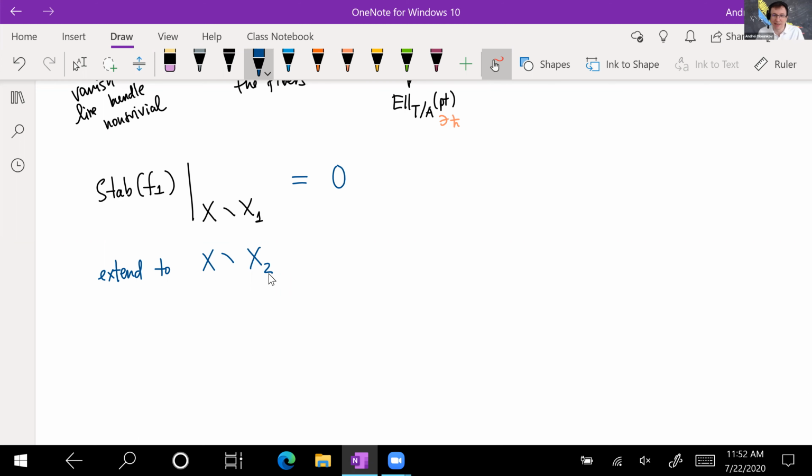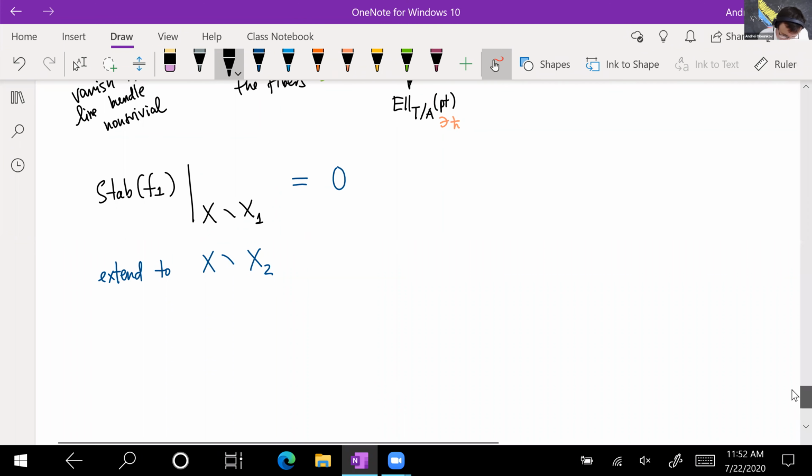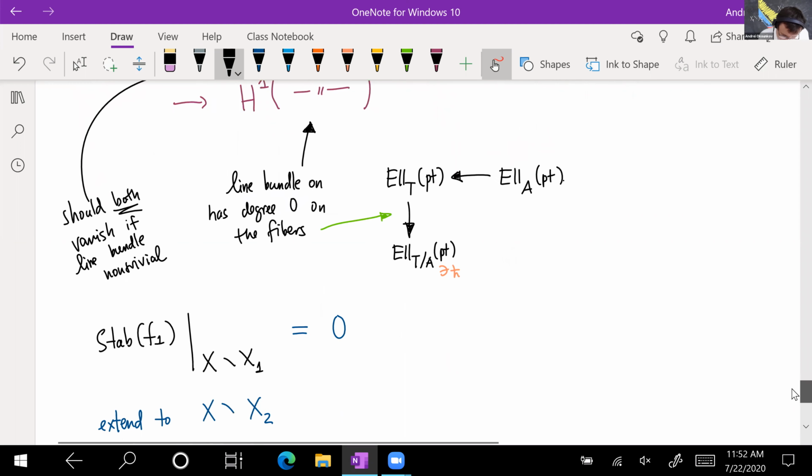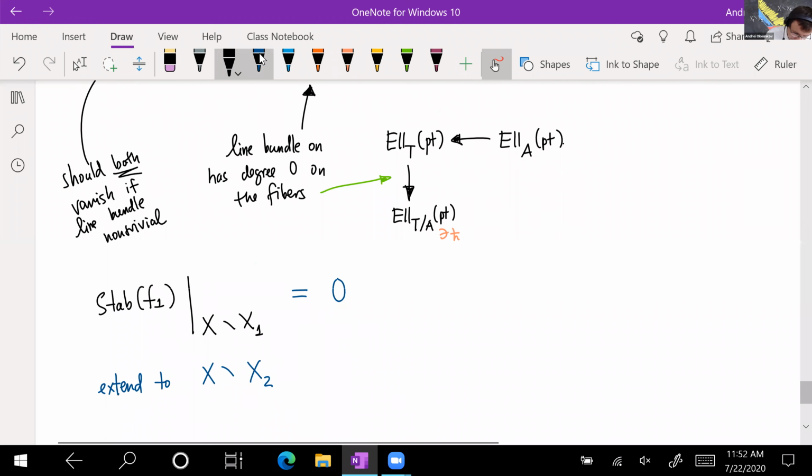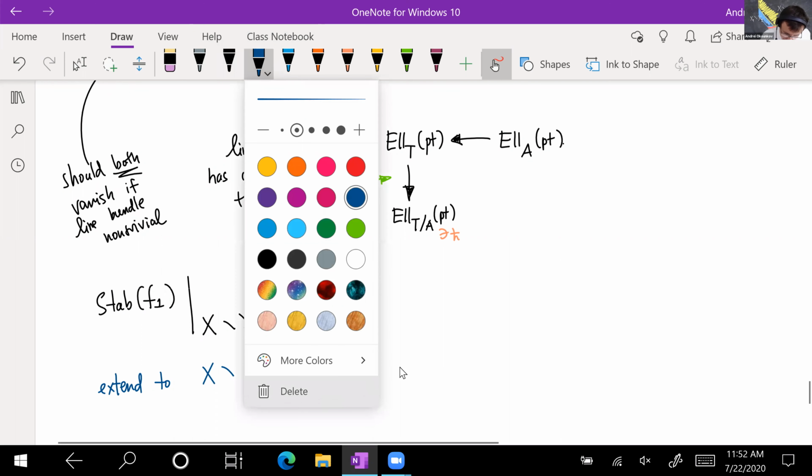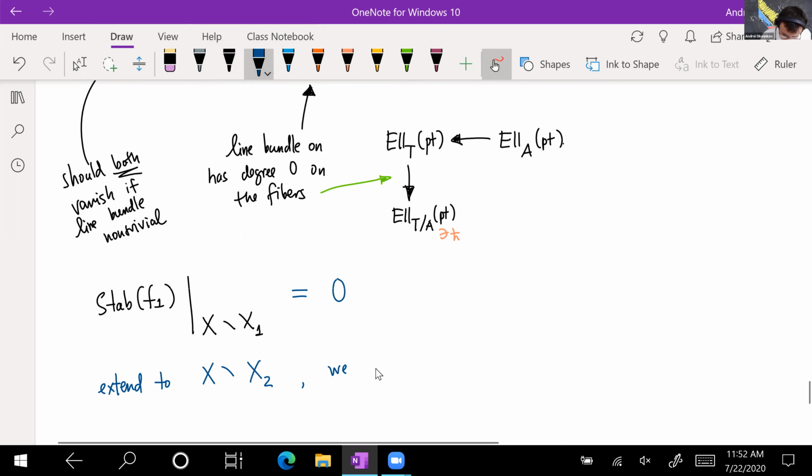Otherwise, if we get the 0 class, it's not so interesting. And so then we set this up carefully.